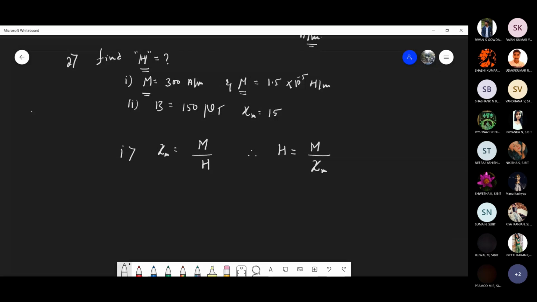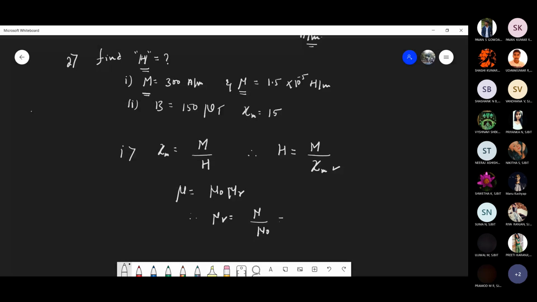But what is mu equal to? Mu equal to mu naught into mu r. Therefore, mu r is equal to mu by mu naught, because I don't know this psi m.